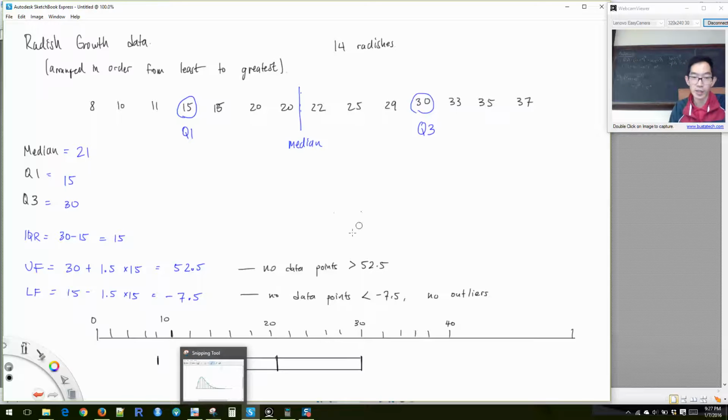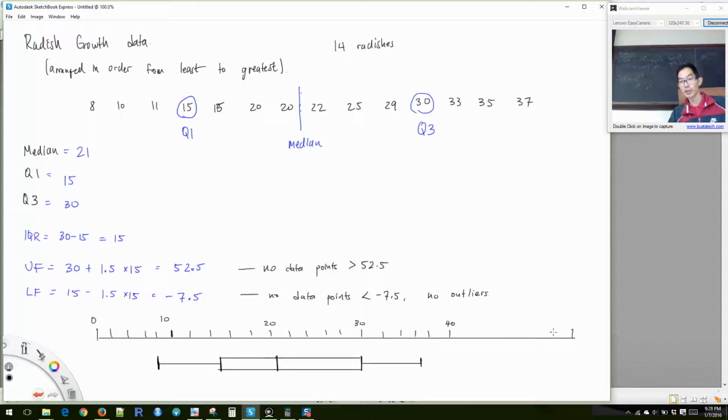And then my lower whisker goes to 8, and my upper whisker goes to 37. So that's like right here. And my fences are all the way out at 52.